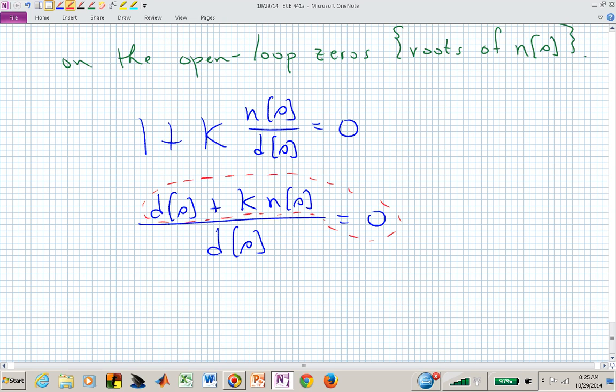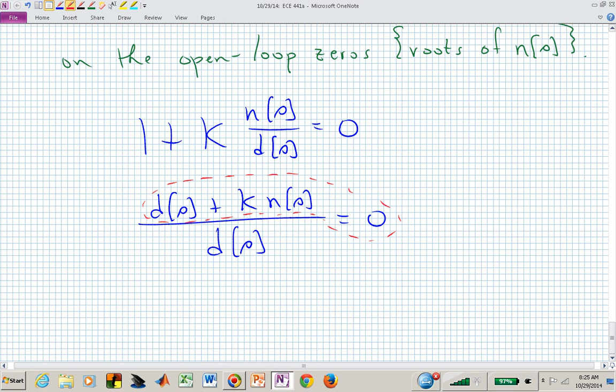When k gets really, really big, what are the roots of that expression going to be? What's k n of s look like relative to d of s? Does one sort of dominate the other if k is big? Yes, the k n of s starts to dominate, and so we're approaching the zeros of little n of s. That's where we're finishing some of these branches.